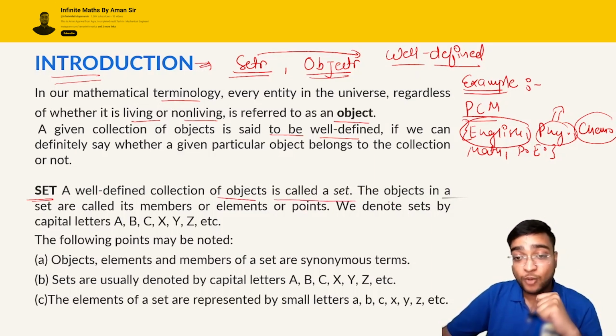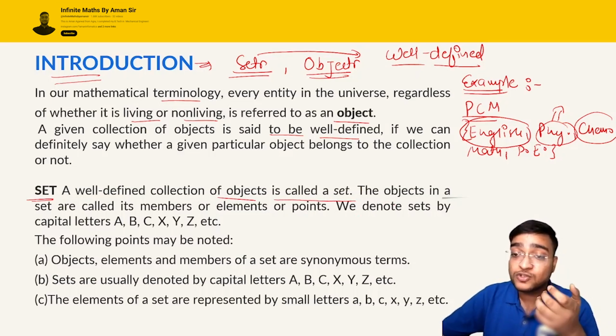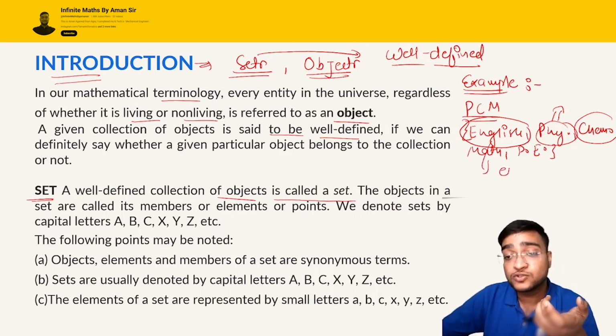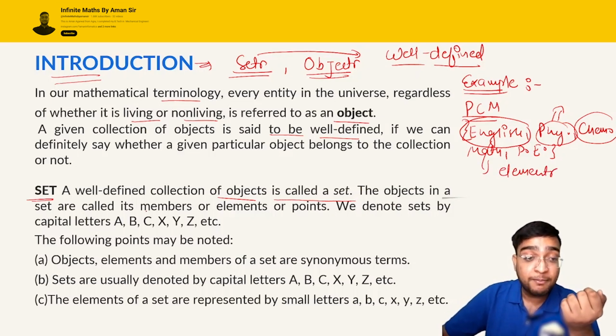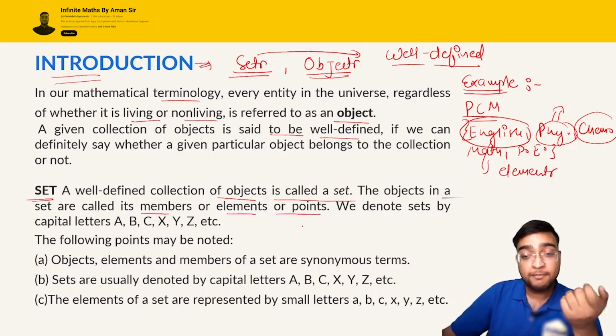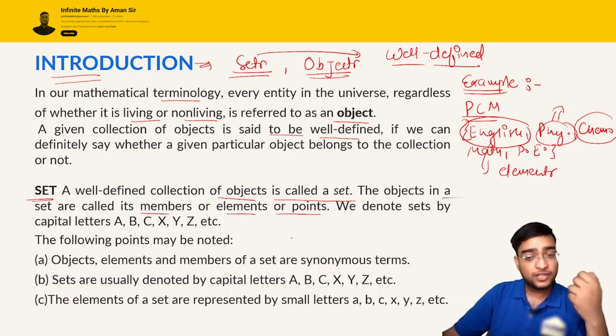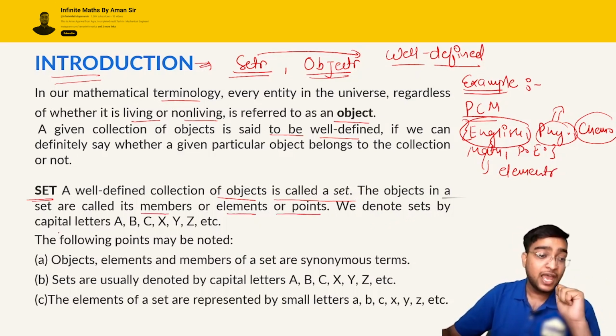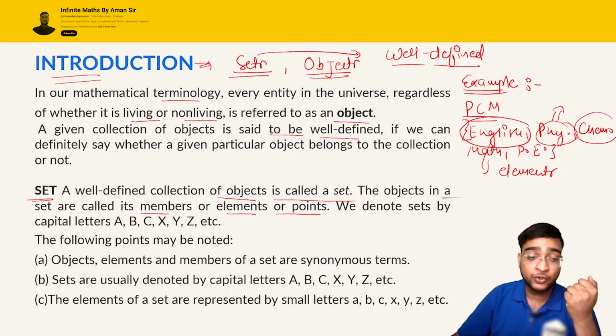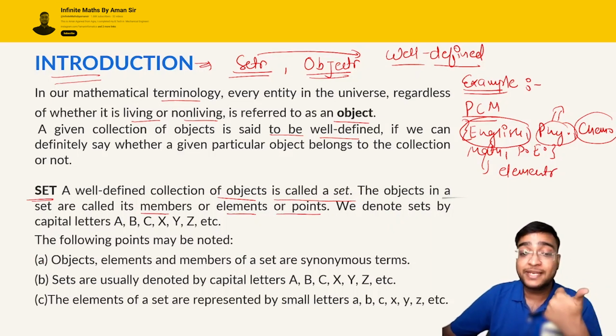The objects in a set are its members or elements. We can also say these are the objects, elements, points, or members of the set. We denote sets by capital letters. There are some properties to note in sets. First, objects, elements and members are synonymous terms.